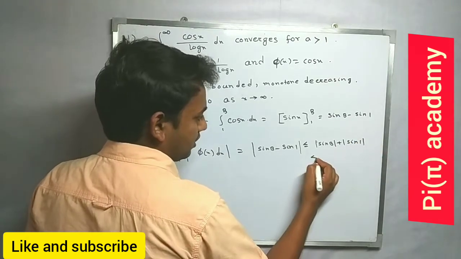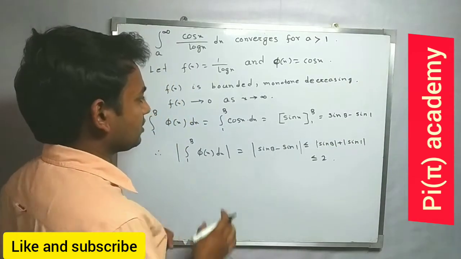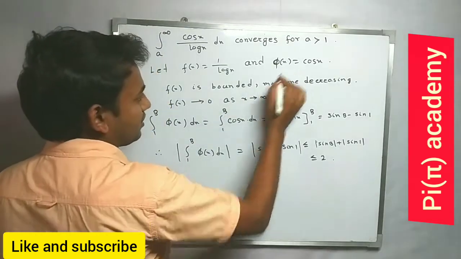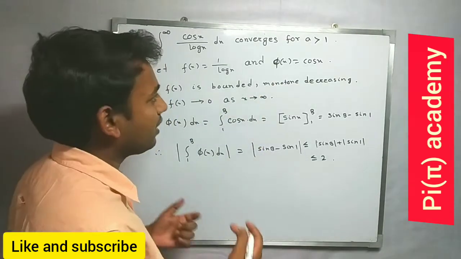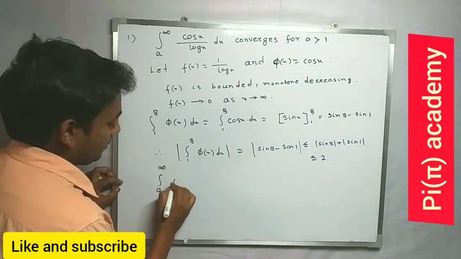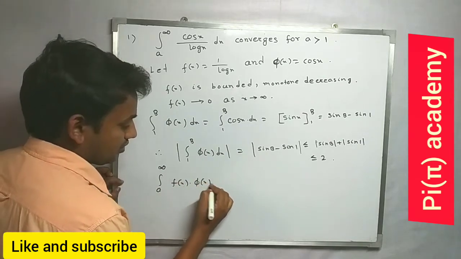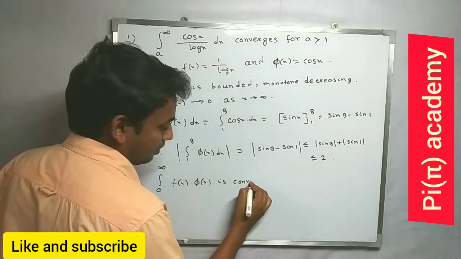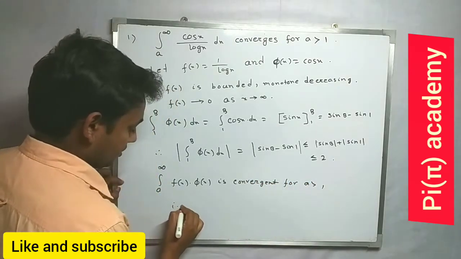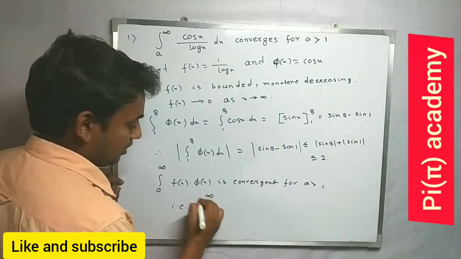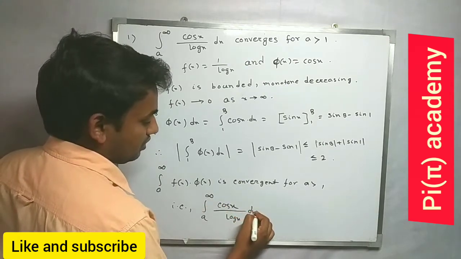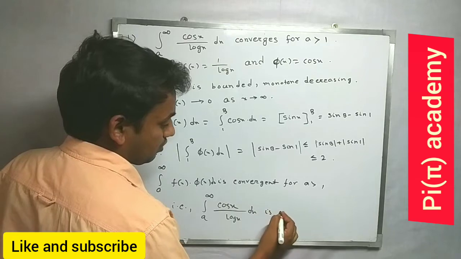Therefore phi is bounded. Now by the Dirichlet test we can say the integral from a to infinity of f(x) phi(x) dx converges for a greater than 1, that is, the integral from a to infinity of cos x by log x dx is convergent.